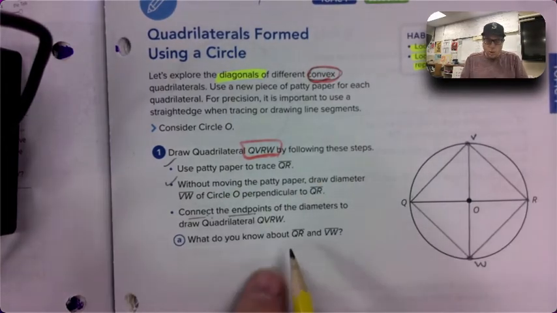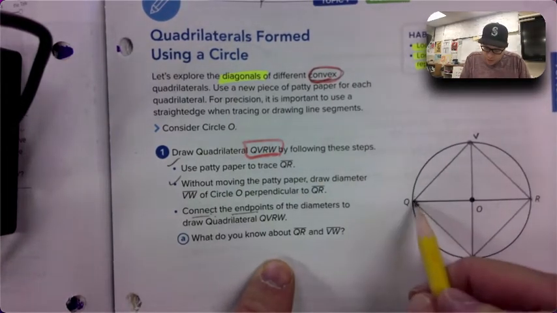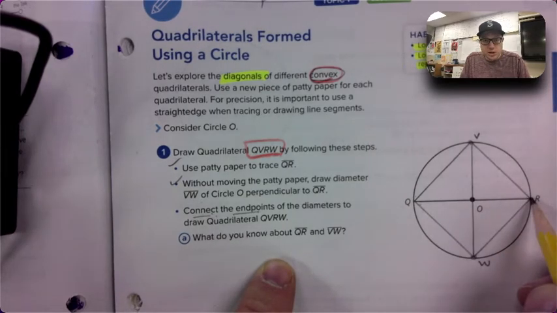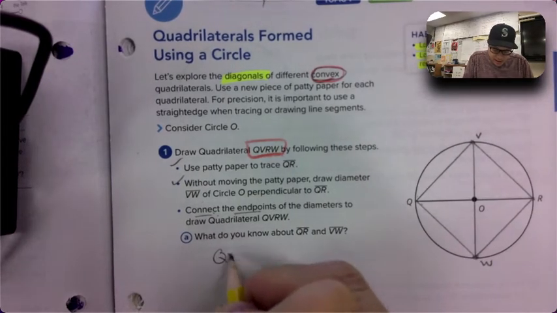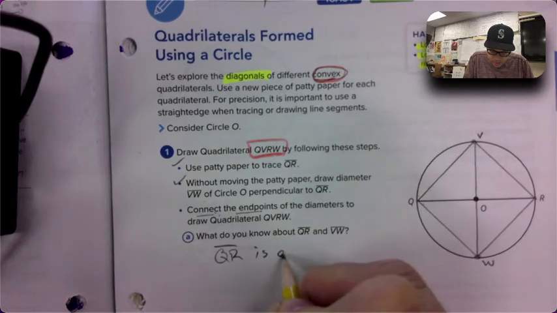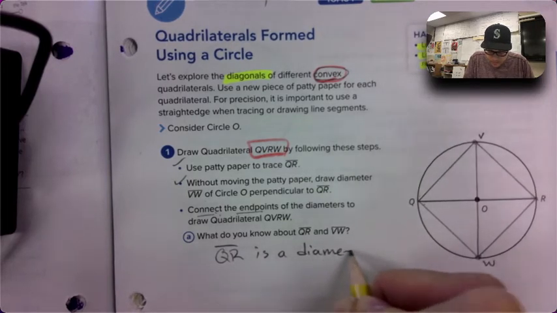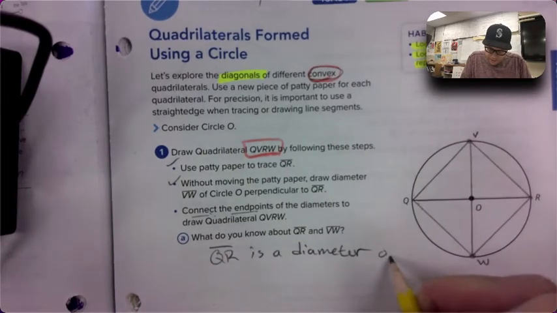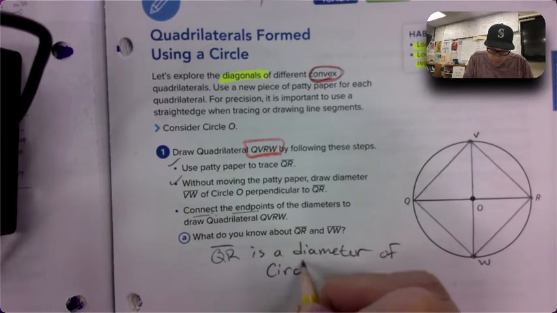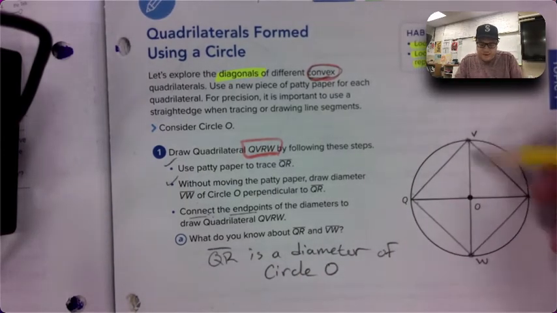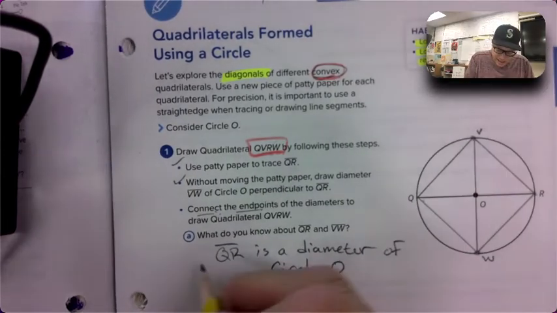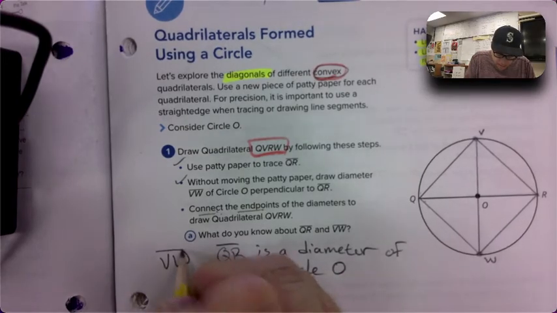All right, what do you know about QR? QR goes all the way across the circle. It's a diameter of circle O. And VW is also a diameter.